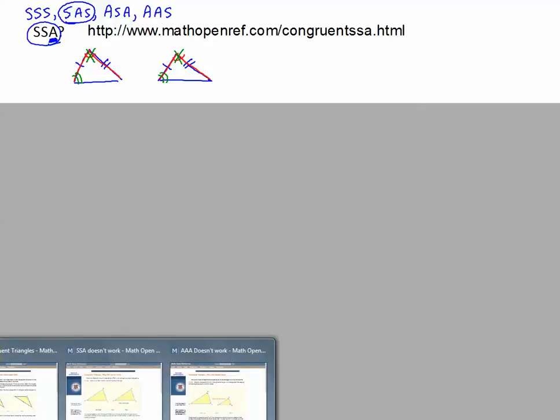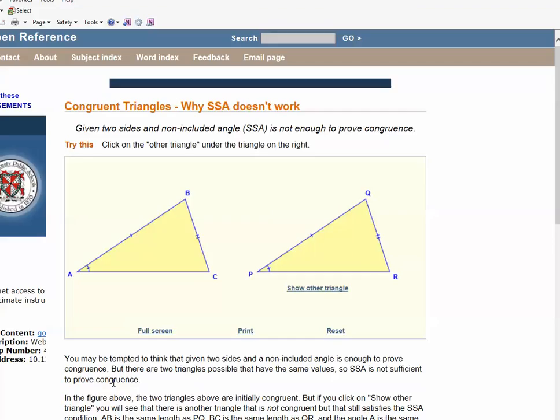If the angle is not connecting or included, so included means here, between or connecting. If it's not, so instead of it being up here, what if we put it not connecting, like down here? So let's go back to that picture so you can see what that's going to look like. Side, side, and an angle not between.